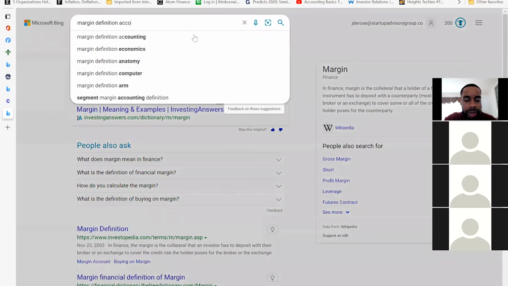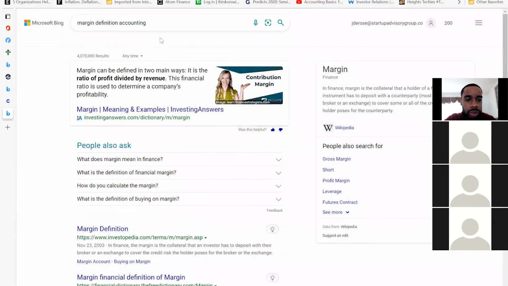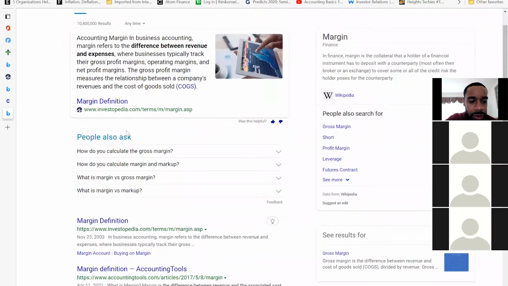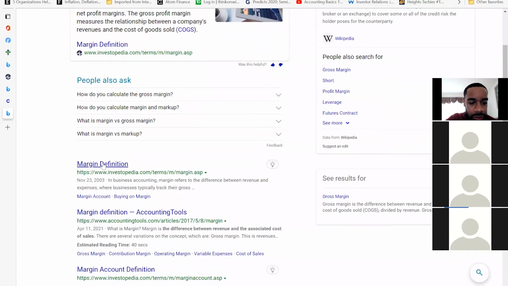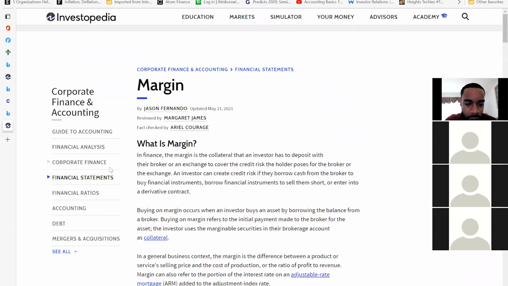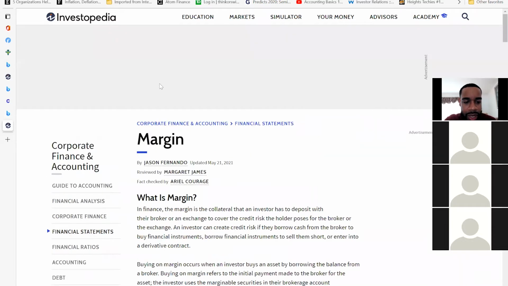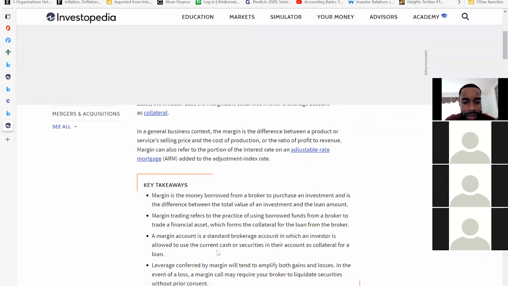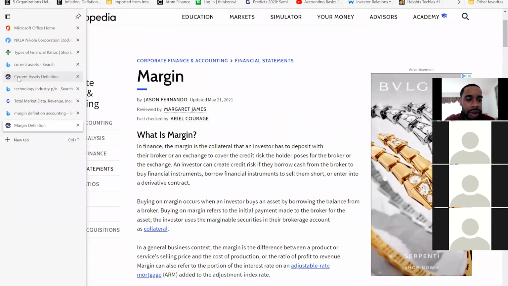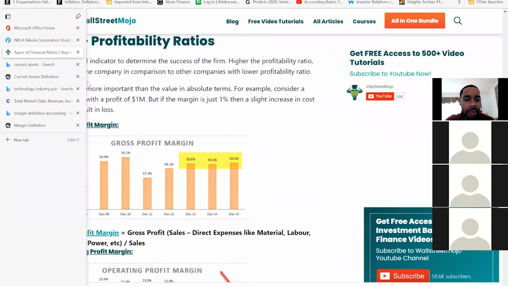Let's say accounting. I feel like I'm not finding a nice definition here. Let's just go back to these people's example, right?